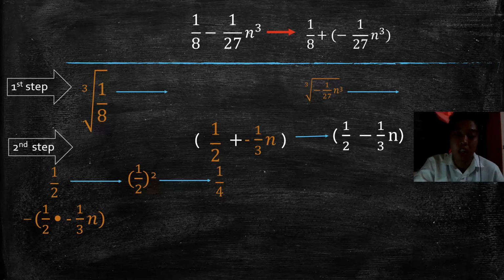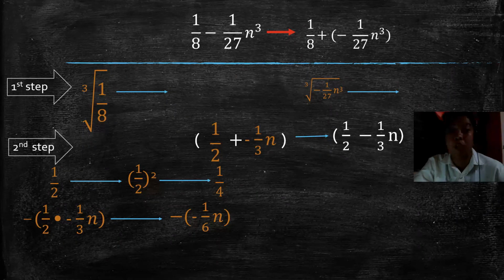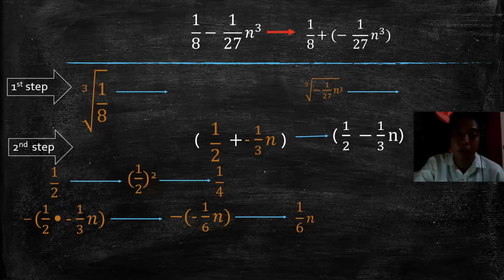Okay. And so negative niya. Kukunin nyo yung negative niya. Okay, so we get 1/2 times negative 1/3, we get negative 1/6. And then, simplifying them, negative of negative, we got positive 1/6.